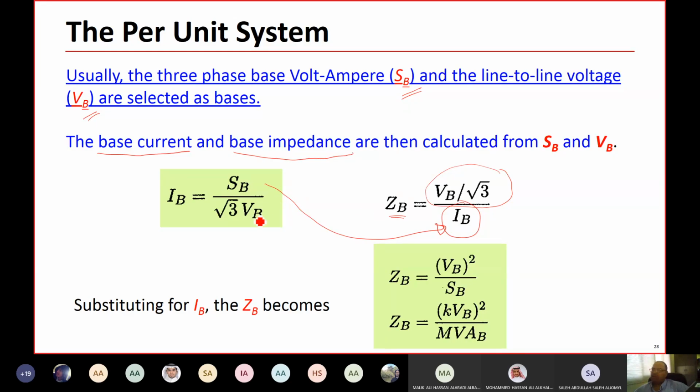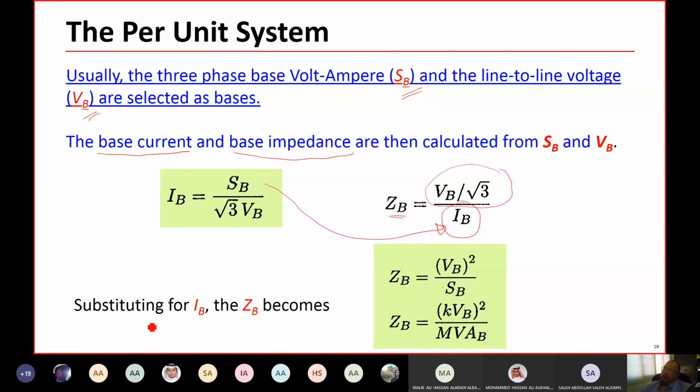The square root of 3 here will cancel with the square root of 3 here. So you will find V base square over S base. If you take the V base in kilovolt, it will be kilovolt square. And if you take the S in megavolt ampere, this mega will go with the kilo square. So V base square over S base.